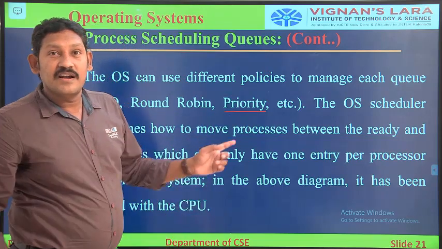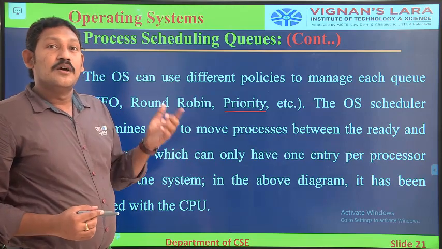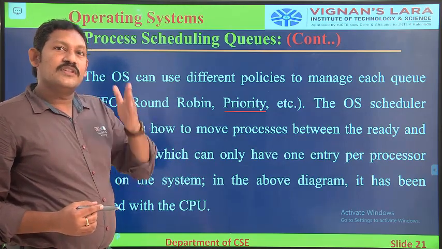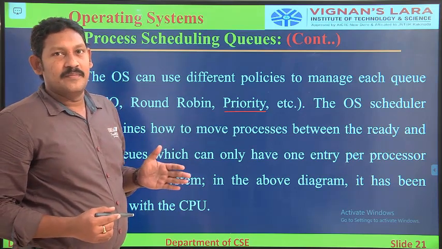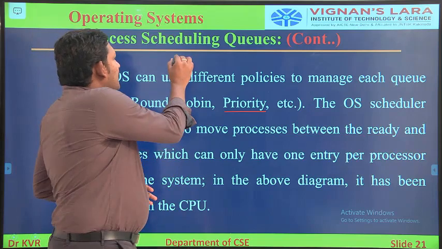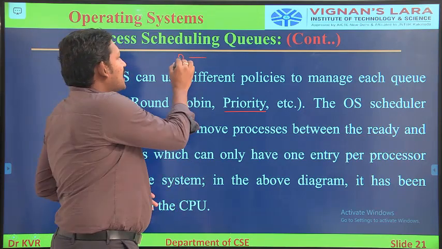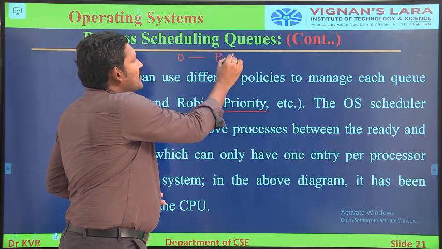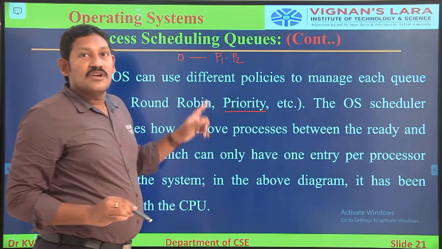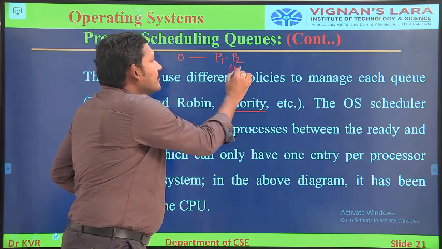Coming to priority scheduling, we have already seen it, both preemptive and non-preemptive, based upon the priority. At arrival time 0, what processes are available? Suppose P1 and P2 are available; we execute the process having the highest priority.